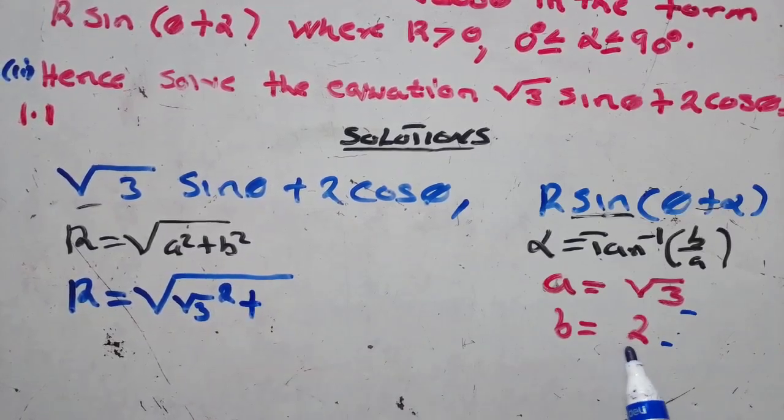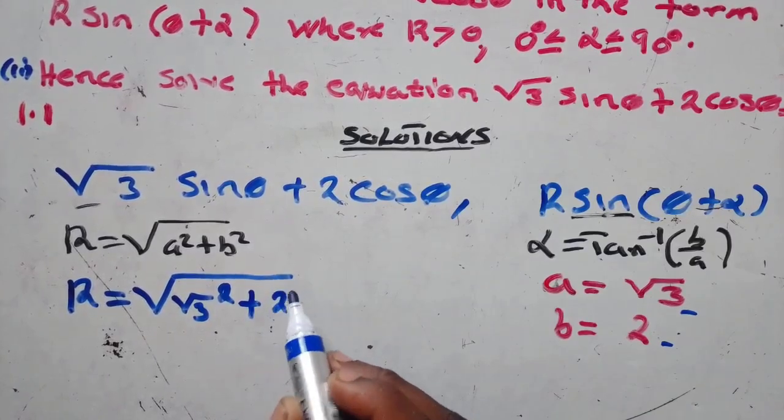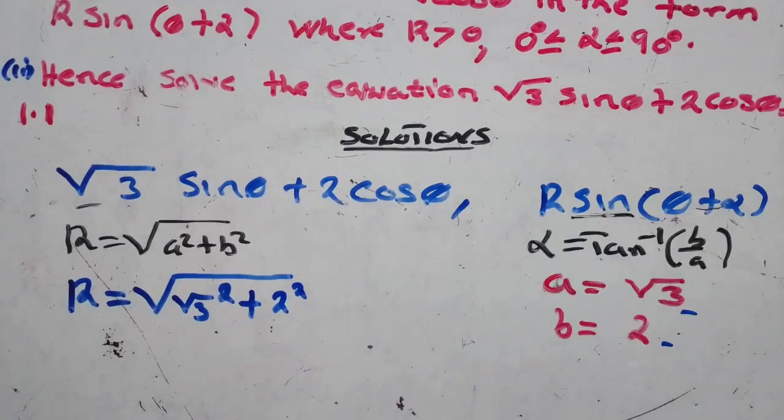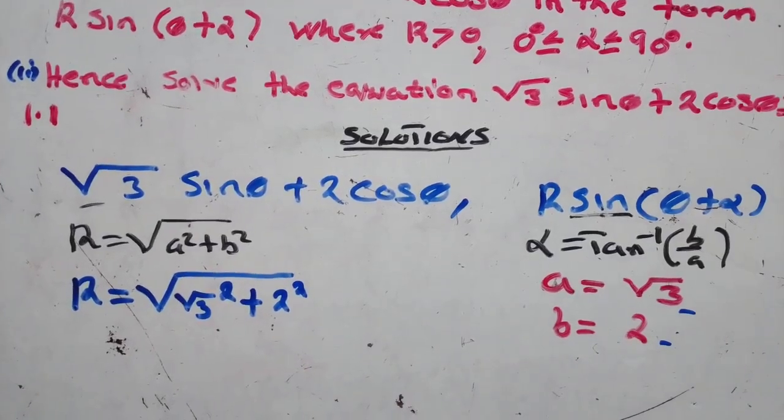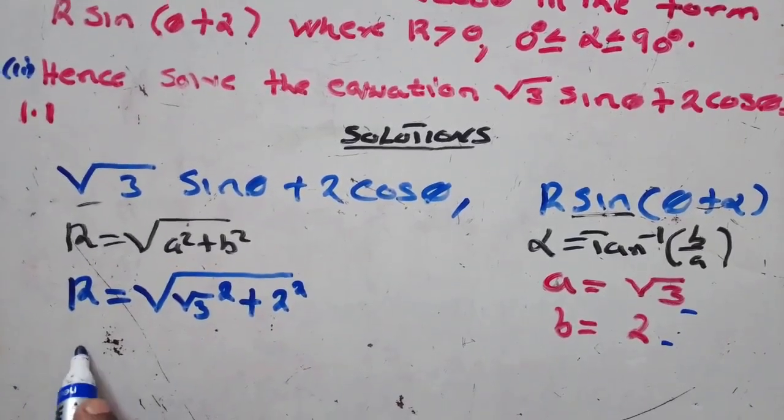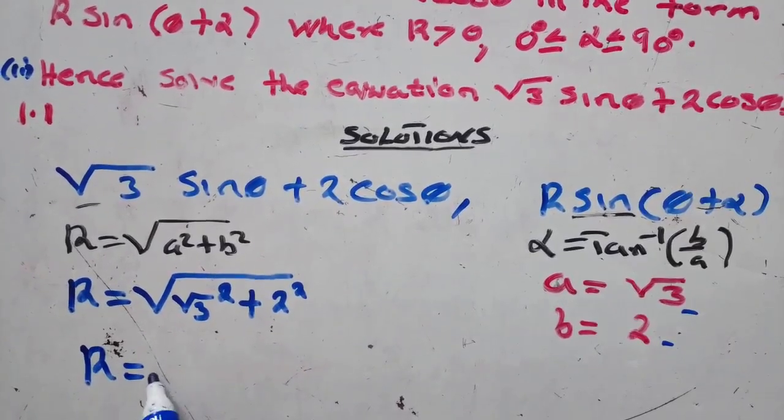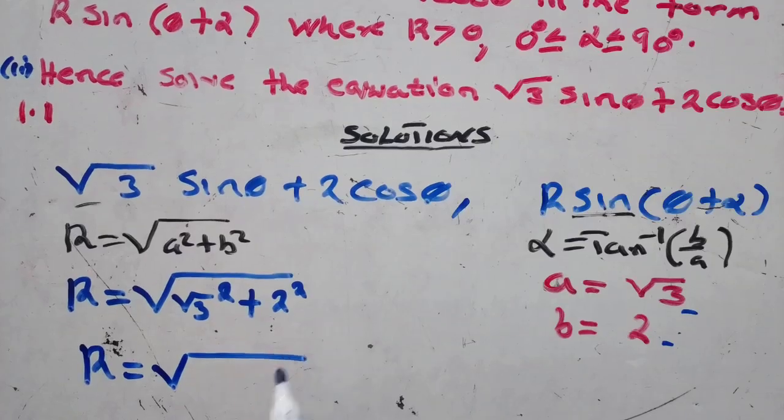So this is our b, so we're going to have 2 squared here. So you can now proceed. R is equal to the root of root 3 squared. It will give you 3, because root 3 is the same as 3 to the power 1 over 2.